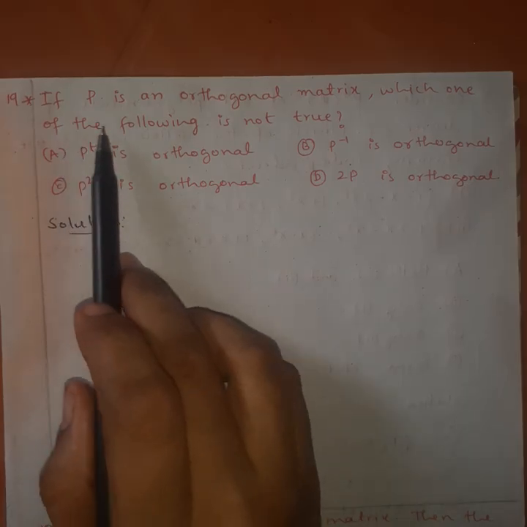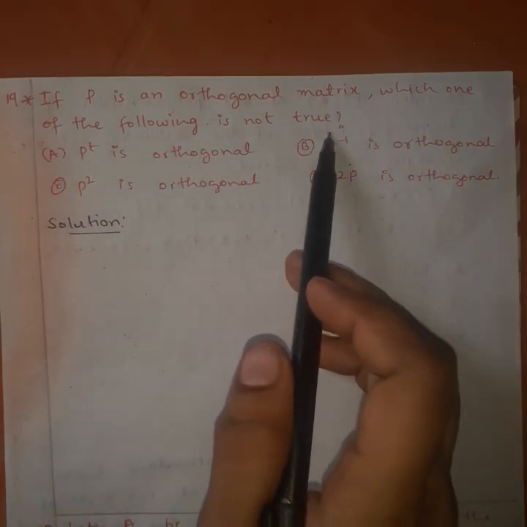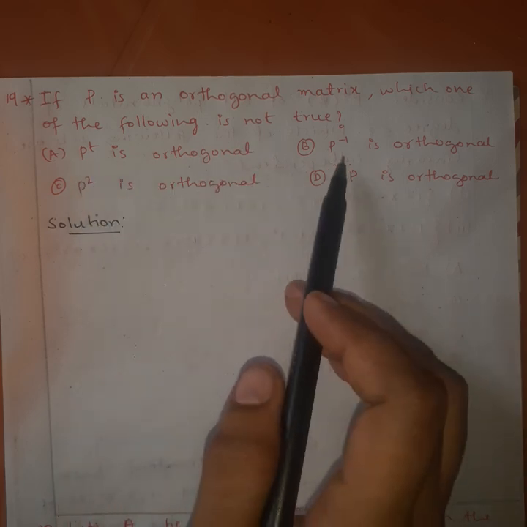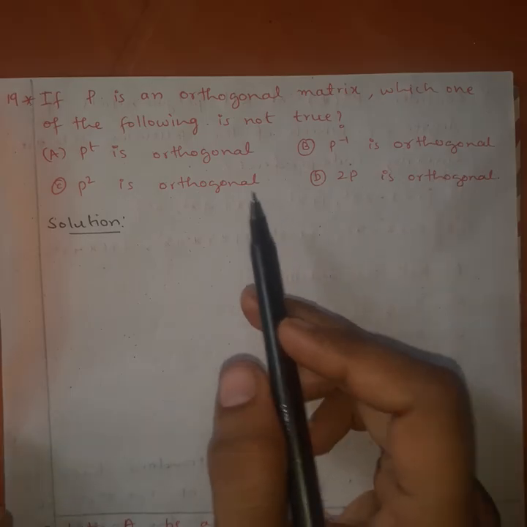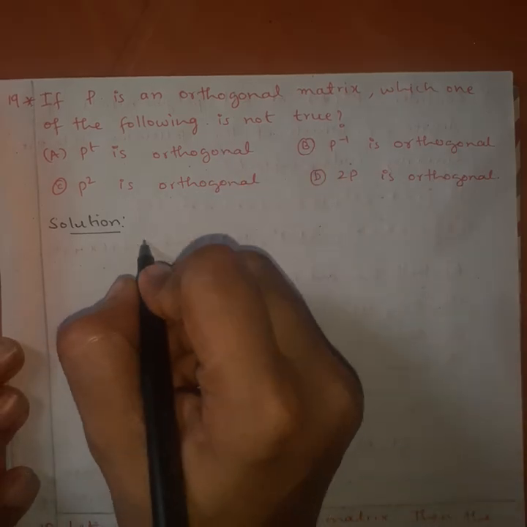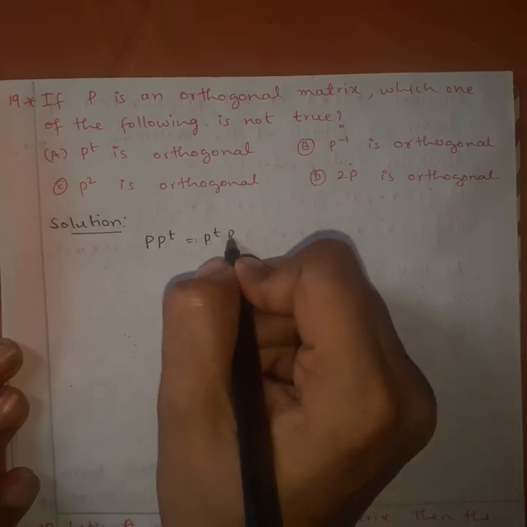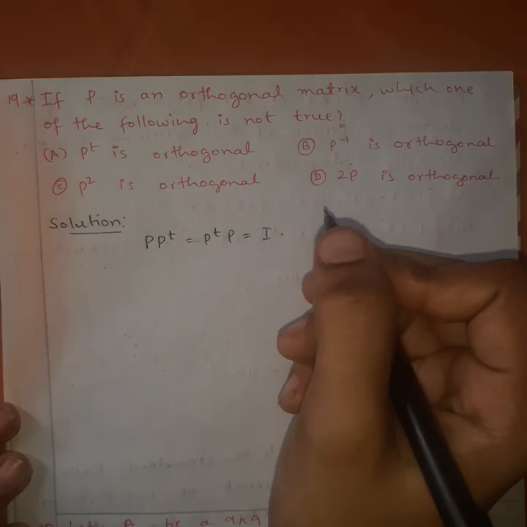Next question. If P is an orthogonal matrix, which one of the following is not true? Option A, P transpose is orthogonal; P inverse is orthogonal; P square is orthogonal; 2P is orthogonal. Given P is an orthogonal matrix, then P into P transpose equals P transpose into P equals identity.